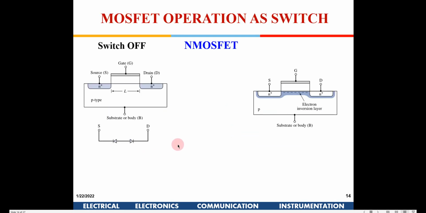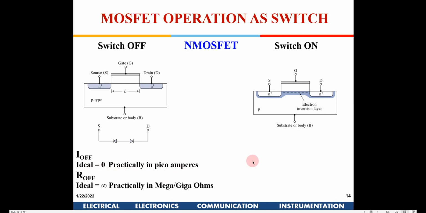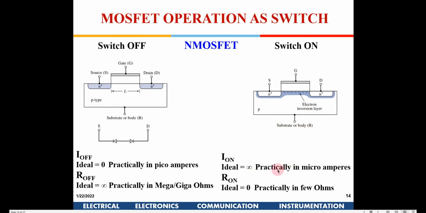Now I was talking about NMOS when we use it as a switch. Ideally, the off current has to be 0, but a few picoamperes of current will flow. Similarly, for Ron, practically it should get short circuited, but Ron will practically be a few ohms.